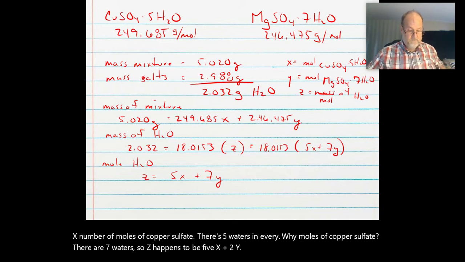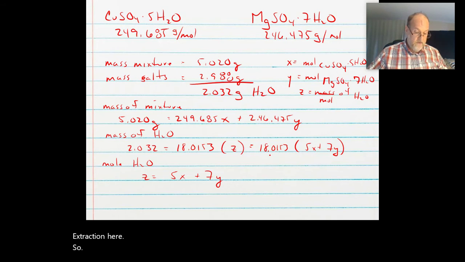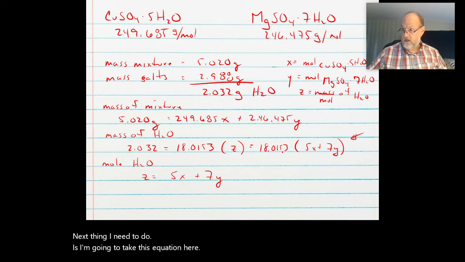Okay. We do one more extraction here. So next thing I need to do is I'm going to take this equation here and I'm going to distribute the 18.0153 across both of them.